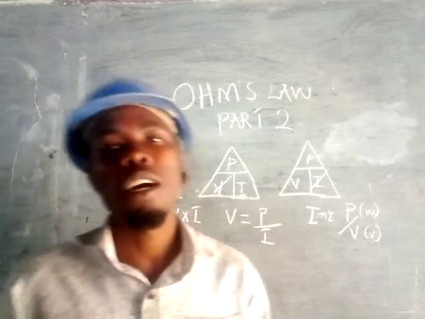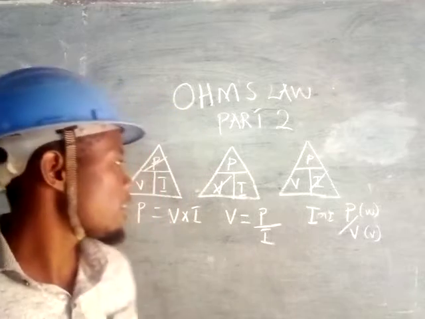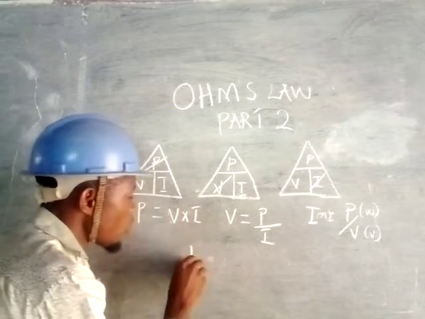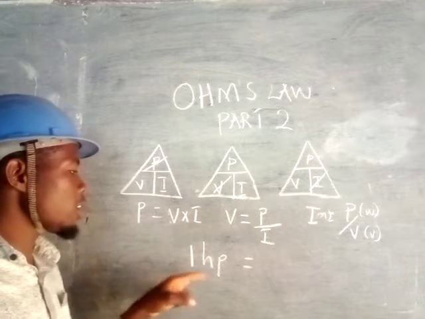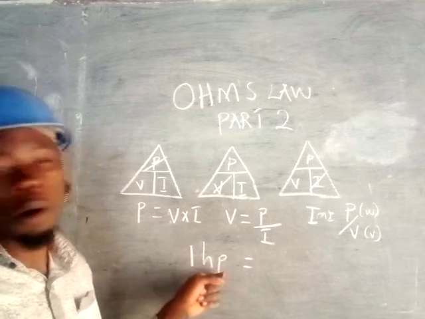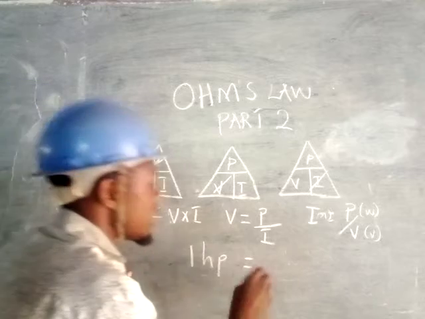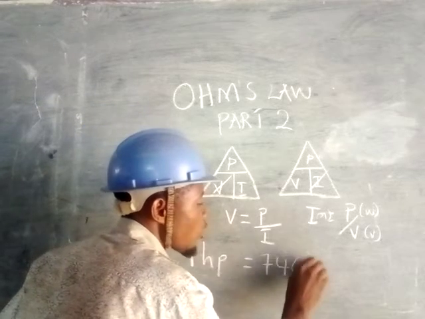You may convert horsepower into watts: 1 horsepower equals 746 watts.